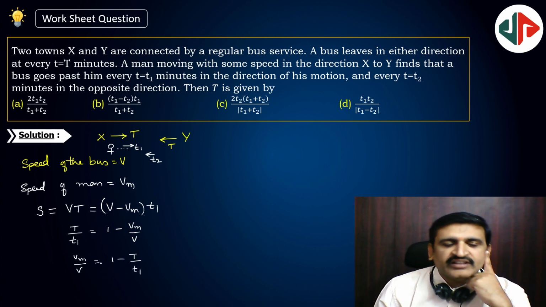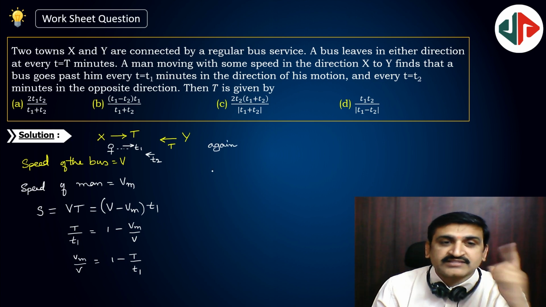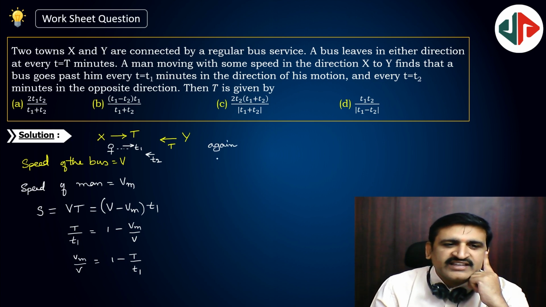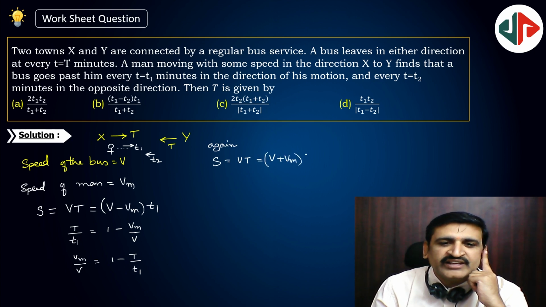Yeah. Now again, for the other bus, the opposite directional one, S is equal to VT, that is equal to (V plus Vm), yes, because it's moving in the opposite direction, into t2.